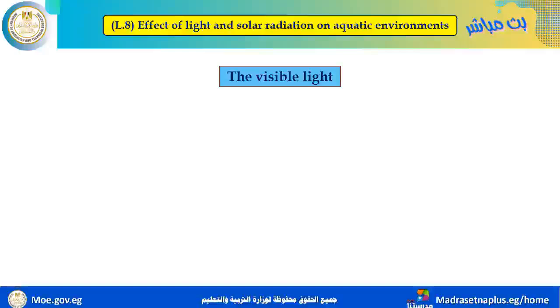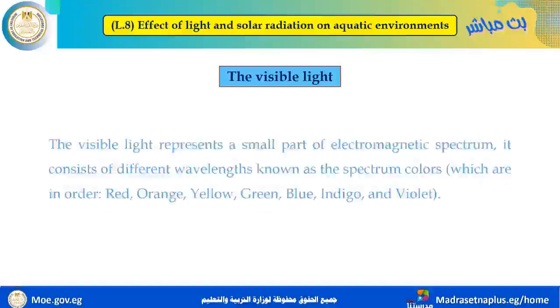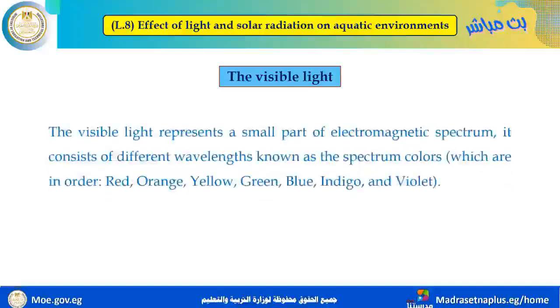What is the visible light? The visible light represents a small part of the electromagnetic spectrum. It consists of different wavelengths known as the spectrum colors, which are in order red, orange, yellow, green, blue, indigo, and violet.